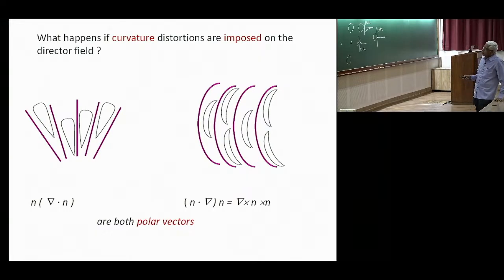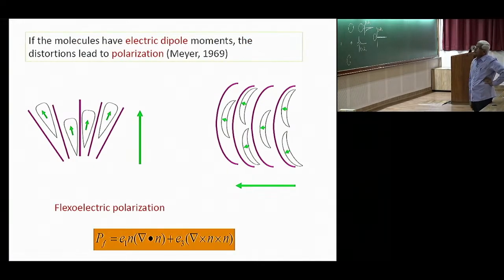Similarly, n dot grad n, which is equivalent to curl n cross n, is again a polar vector. And you can see that it is a polar vector. And now, somebody called Meyer, for his PhD thesis, realized this. He's a well-known liquid crystals physicist.